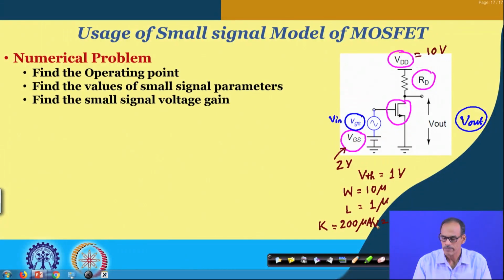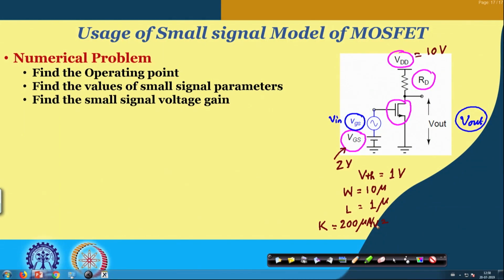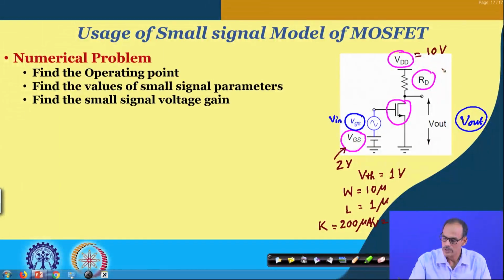Okay. Then we can find the output, but of course we require the resistance value here. So, let me take probably 4K, it will be good. Let us see.